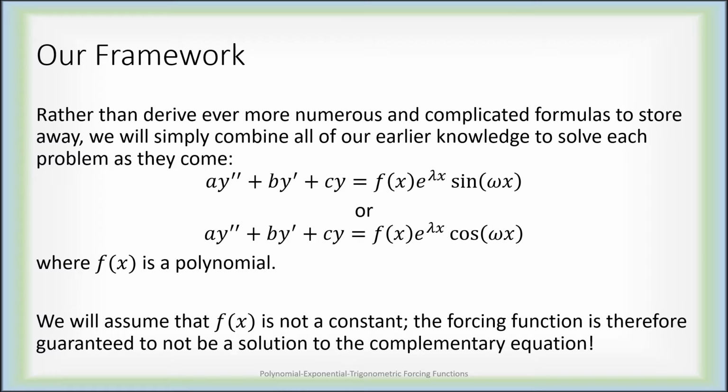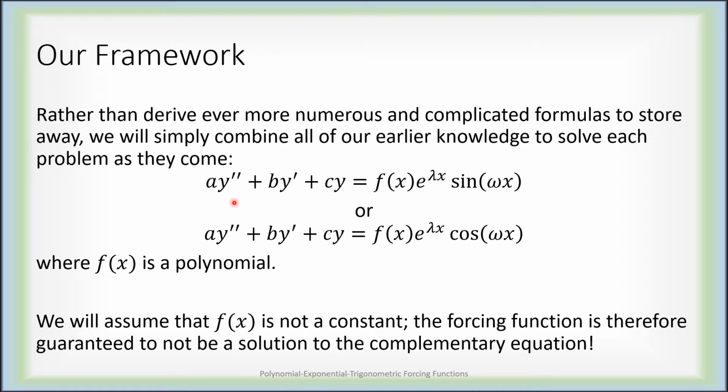That's actually enough to guarantee that the forcing function is not a solution to the complementary equation. We know exactly what solutions to the complementary equation here look like. They're either exponentials, or x times an exponential, or an exponential times a trigonometric function, but they were never an x times an exponential times a trigonometric function.